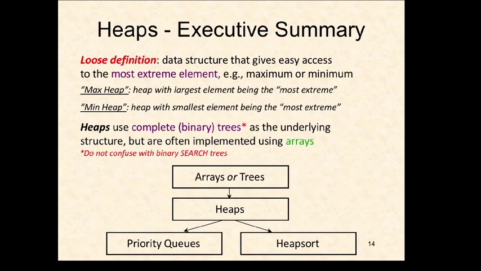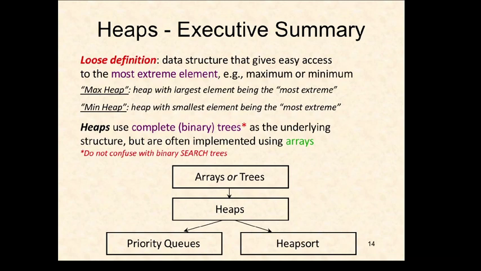The idea of a heap is that a heap is an abstract data type. It's something where you can get at the highest priority element quickly, but we're talking about a binary heap here. Now, rather than having to say, I have a heap where the highest priority is the highest value, or I have a heap where the highest priority is the lowest value, the shorthand way to refer to those is max heap and min heap.